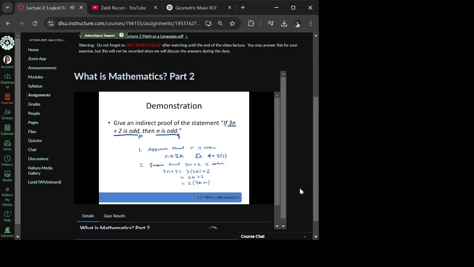This shows that 3n plus 2 is even because it is 2 times some number. Therefore, the theorem is proved using indirect proof. We end the demonstrations here, although there are other methods of proof discussed in the book. Those are left to you for your further investigations.